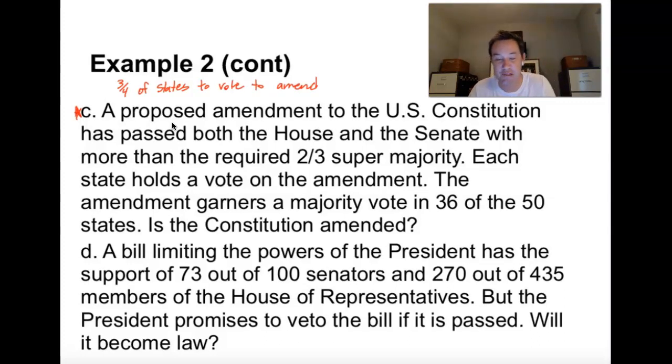So that's 75% of the states also have to vote to amend. So in this case, they said 36 out of 50 of the states voted to amend. And if we pop that into our calculator, 36 out of 50 is approximately 72%. So no, they did not get the supermajority of states, and no amendment.